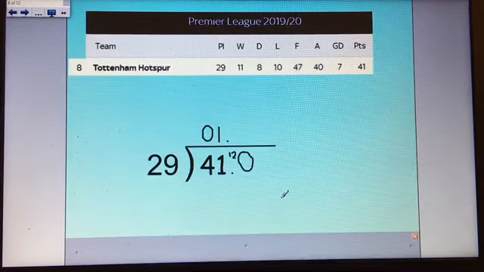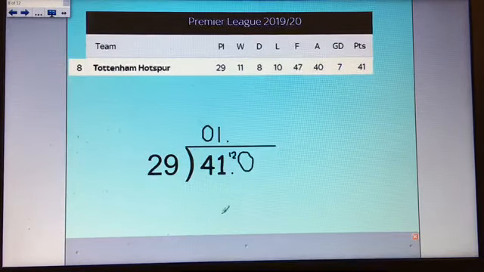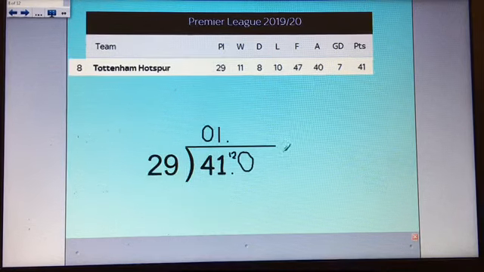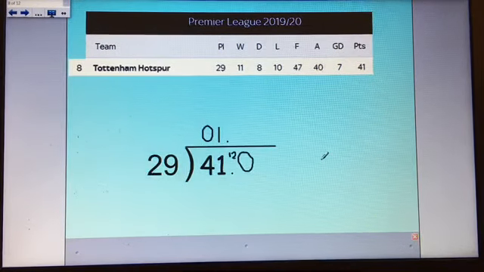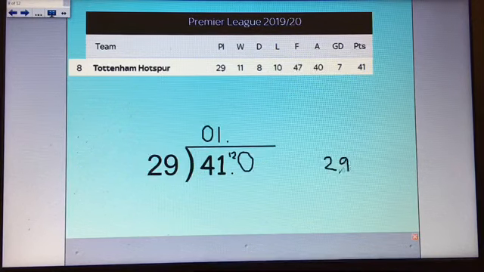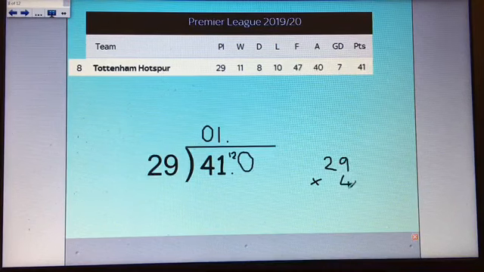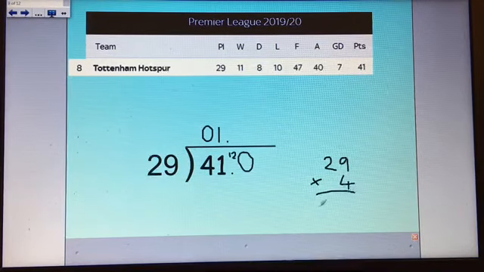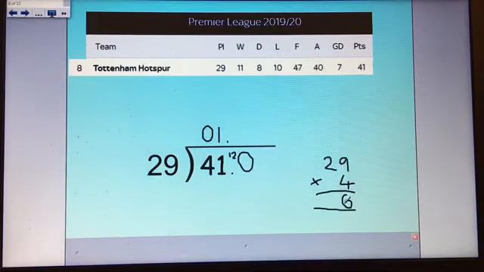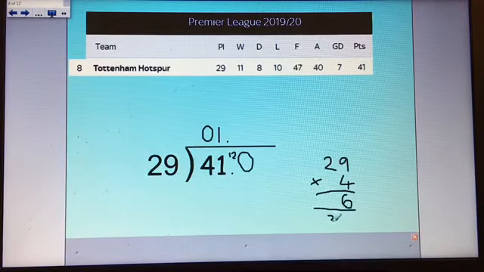Right, so let's do a little estimate. 29, it's close to 30, isn't it? So I'm going to count up in 30s: 30, 60, 90, 120, 4 times. Pretty sure it's going to go in 4, but I'm going to just check it by doing a quick multiplication. 29 times 4. Okay, 9 times 4 is 36. 6, carry the 3. 2 times 4 is 8.